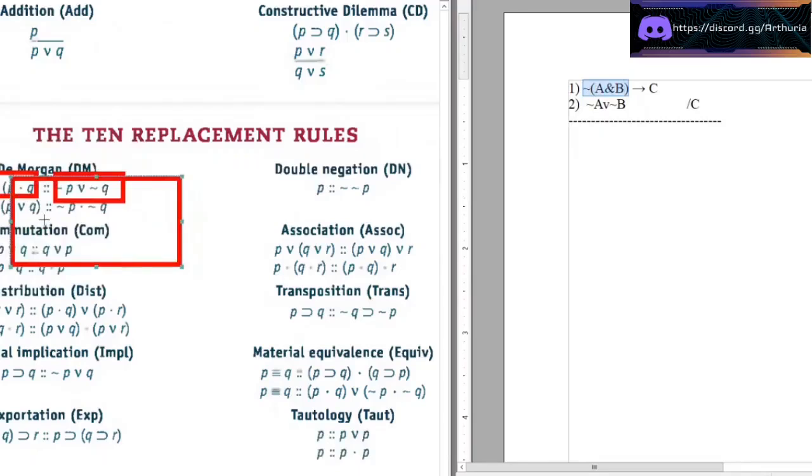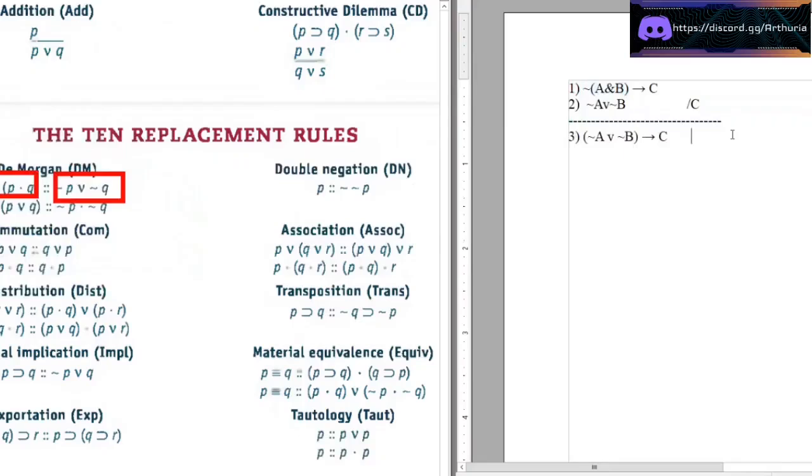And so since we see that, we can turn him into this in line 3 will be here. And so we could say validly that A or not B is true. If this is true, then C is true. We're operating with De Morgan's on this.